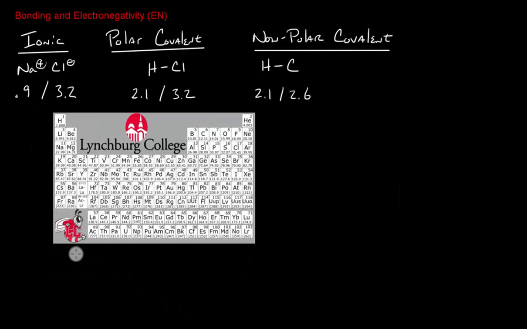So I like drawing trends whenever we can. Instead of just memorizing the numbers for the Pauling electronegativity scale, there would be a lot of these numbers to memorize. We can always reference a periodic table. If you look at this table, a trend to draw is that as you go from left to right on the periodic table, electronegativity goes up. Another trend is that as you go from low to high on the periodic table, electronegativity also goes up.